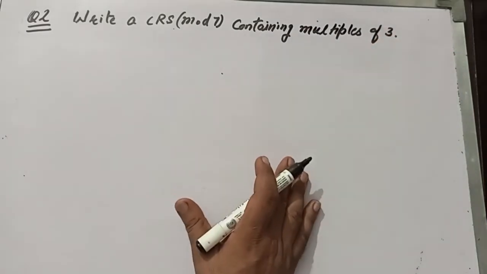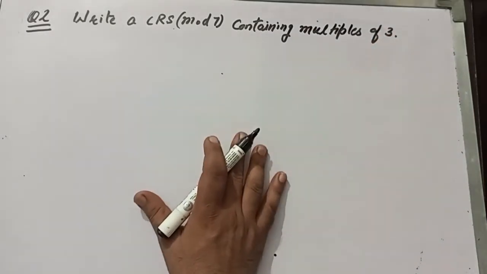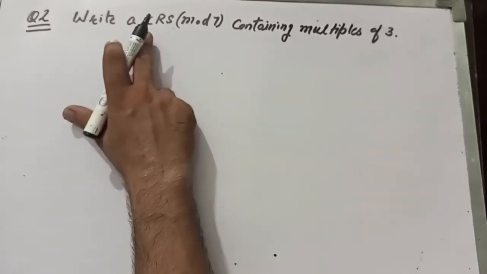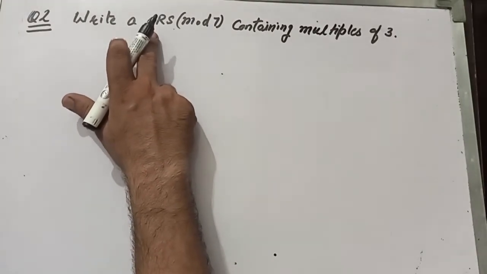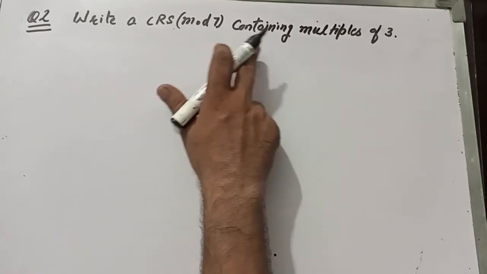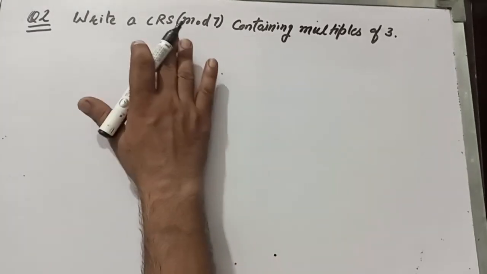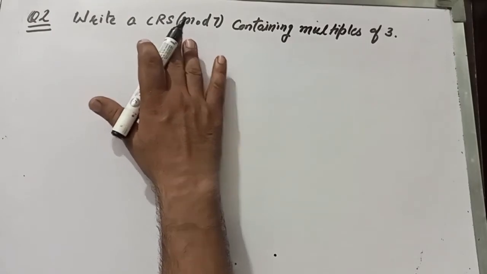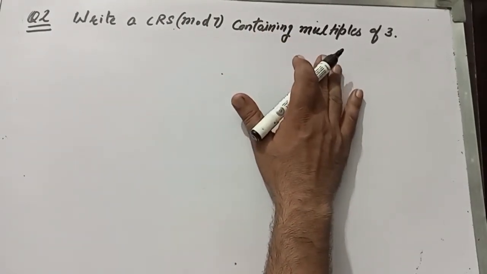So this question is very simple and special also. What you have to do, you have to construct a complete residue system modulo 7 which contains only multiples of 3. It means the elements of this complete residue system must be multiples of 3.